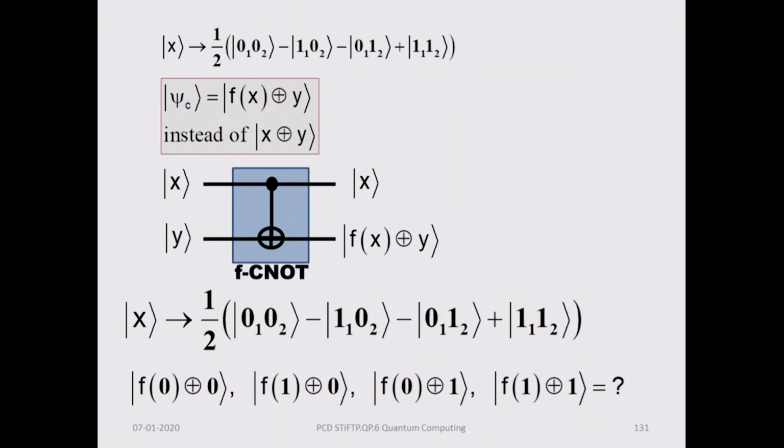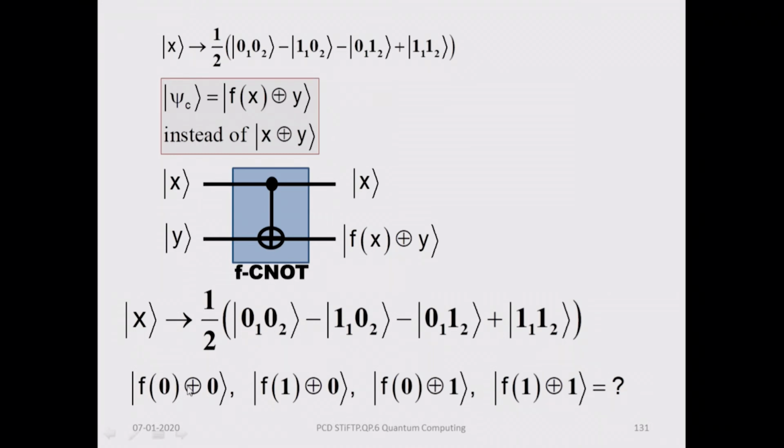So, what is f0 XOR with 0, because x is 0, y is also 0 for the first term. For the second term, x is 1, y is 0. For the third term, x is 0, y is 1, and for the fourth term, x and y are both 1. So, for the first term, you will have to find f of x XOR y. So, f of x is f of 0, then this is y.